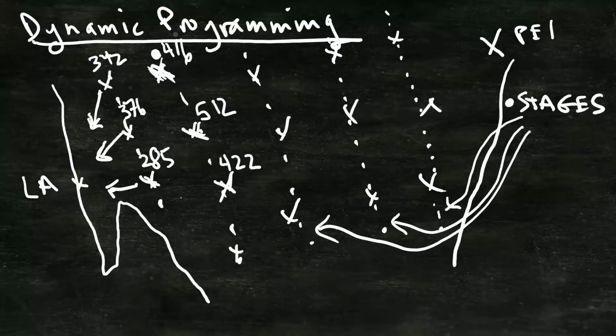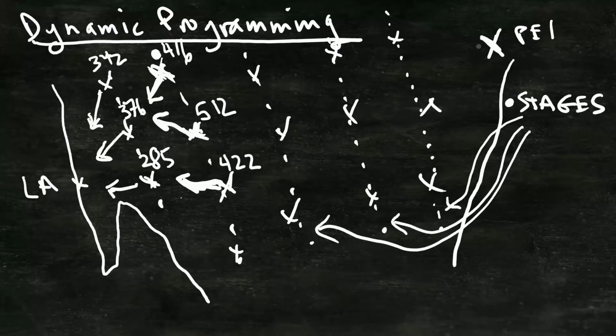And so what you do now, the 416, the best thing to do, let's say, is to go this way if you end up there. And maybe if you go through here, the best thing to do is to go up to 342. And if the best thing here is to go to 285, let's say. So you put up signs as you do this analysis. And you keep on doing this analysis on and on and on, until you finally get to PEI.